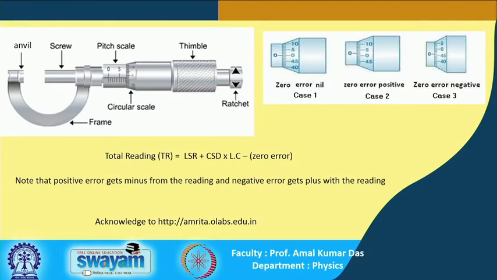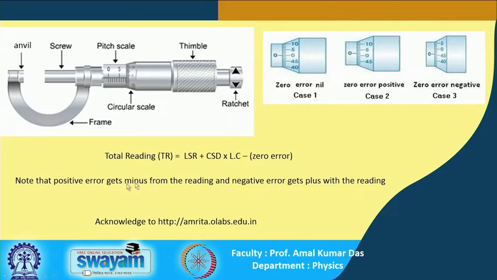So in the screw gauge also, we have to find the zero error: it is nil in this case, positive in this case, and negative in this case.